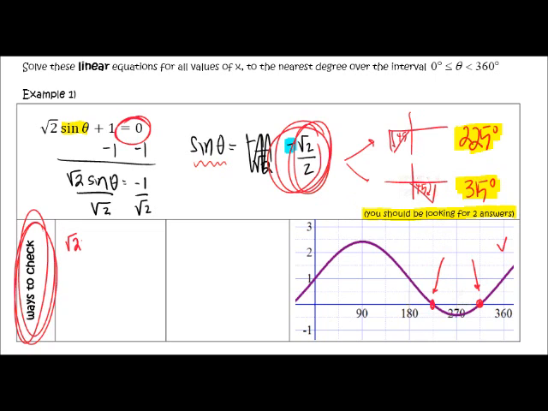We can start with the original, radical 2 times sine of theta plus 1 equals 0. And for each of these, we can plug these numbers in.